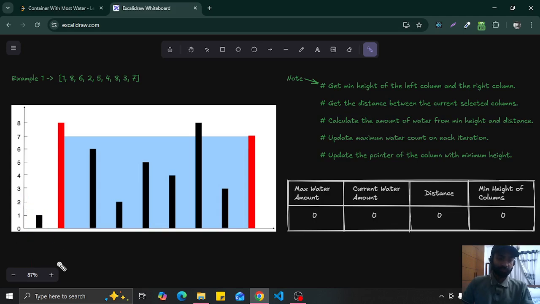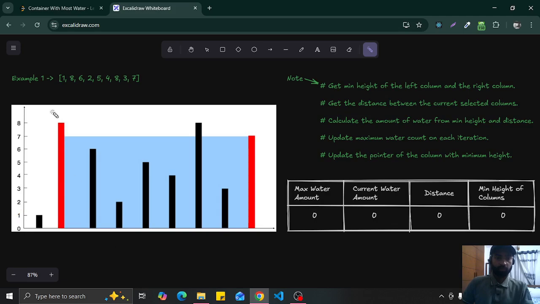And we also have to consider the distance between the two columns. So the distance between this column and this column is 1, 2, 3, 4, 5, 6, 7, 8. So 8 into 1 is 8 units of water.